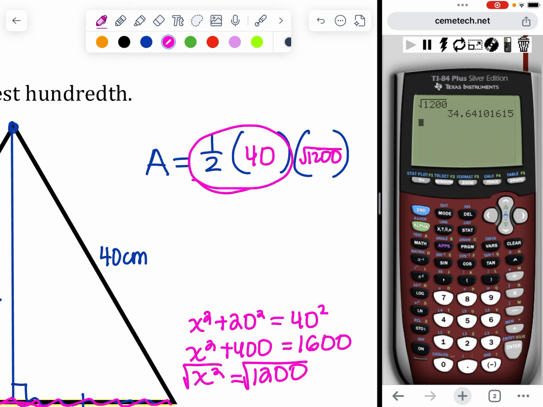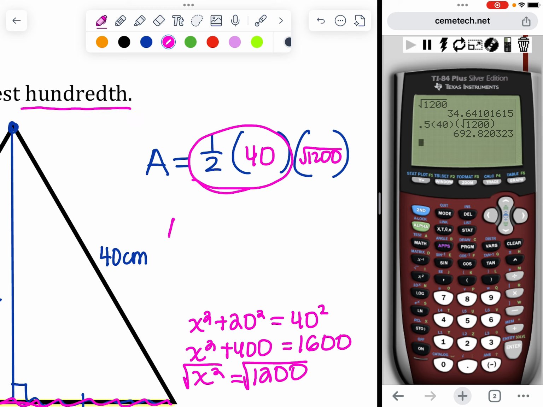So instead of 1/2, I'm going to do 0.5 times 40. Oops, I forgot the parentheses around my 40 times 40. And then times the square root of 1200. And I almost missed that 0 there. All right, so now I'm going to hit enter. And then it says round to the nearest hundredth.